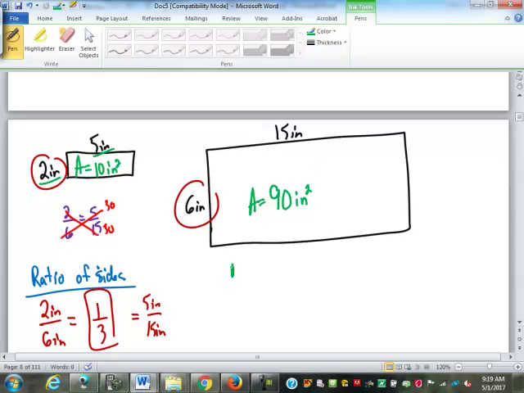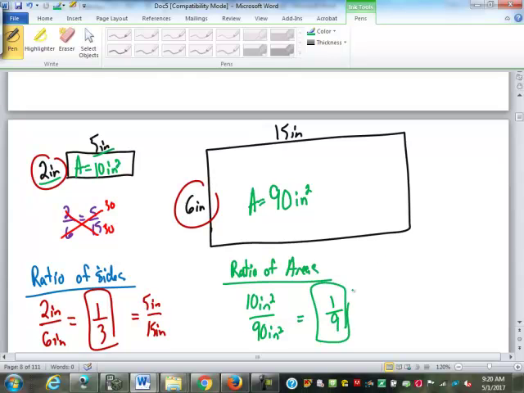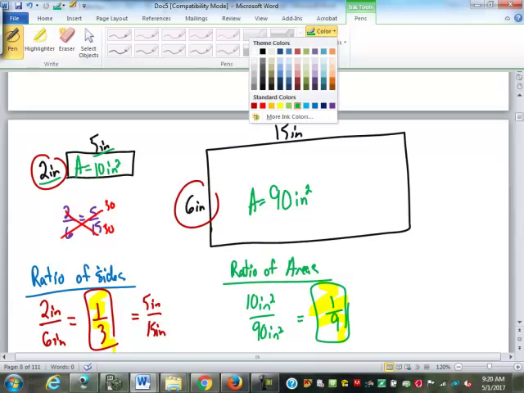My ratio of areas is 10 square inches to 90 square inches. Both divide by 10 to give me a 1:9 ratio. Ratio of areas is not equal to the ratio of sides.